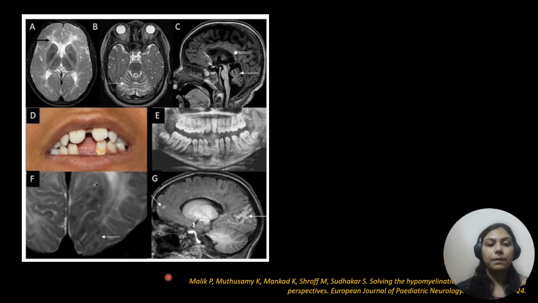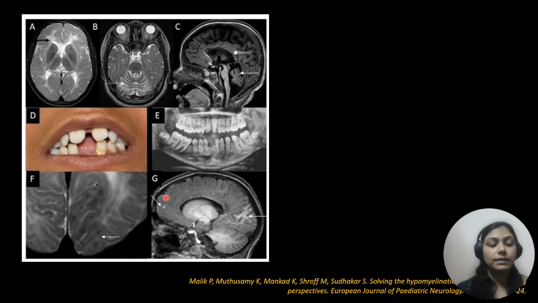Apart from the specific MR features, Pol III-related leukodystrophies may be associated with certain specific clinical features as well. For example, in this case, taken from literature, we are able to see that the child has hypodontia, but in addition, MR shows diffuse hypomyelination, marked cerebellar and corpus callosal atrophy, and a specific feature, that is presence of preserved islands of myelin in the occipital white matter along the optic radiation as well as in the frontal white matter.